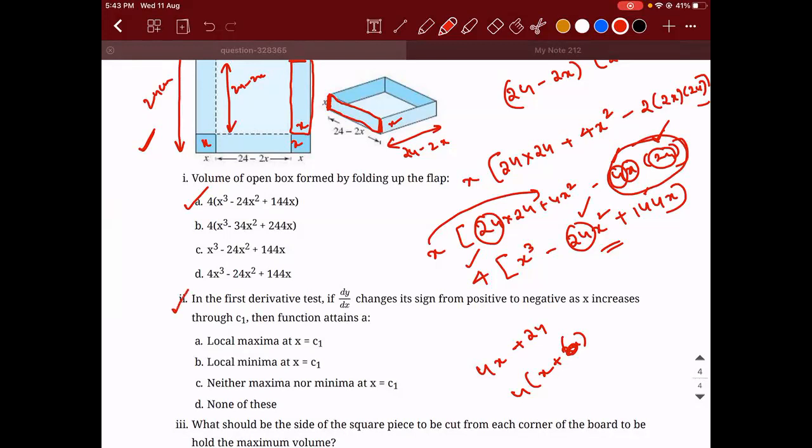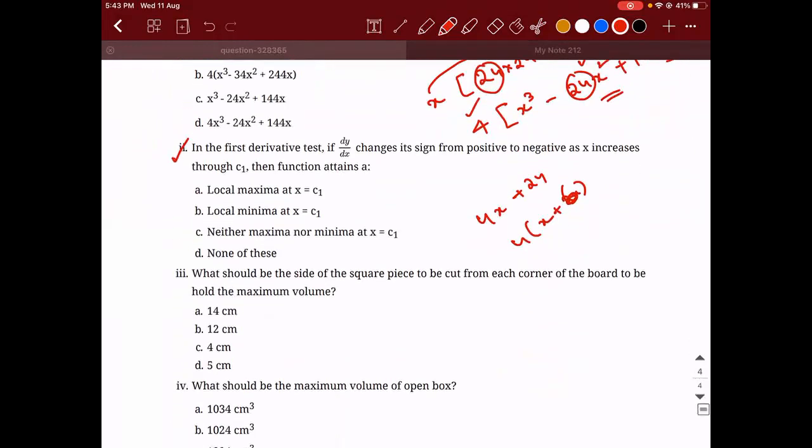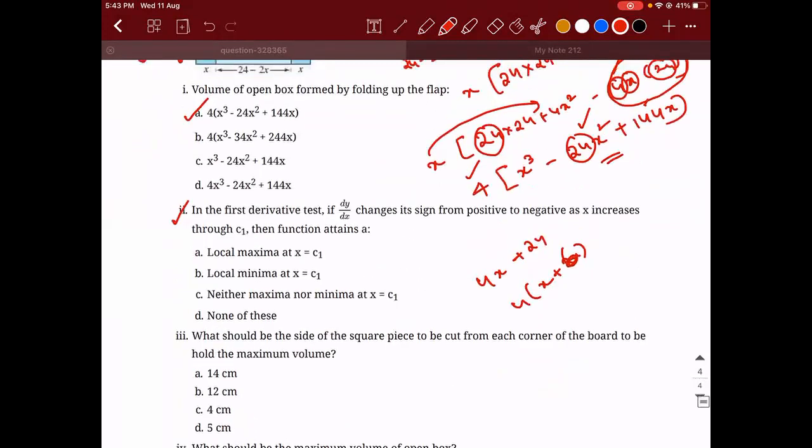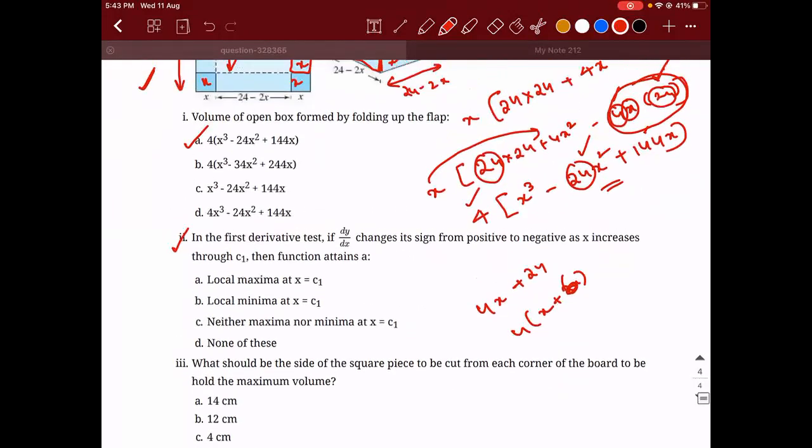In the first derivative test, 24 into 4 is 96. The same 96 is there, but here 24 into 6 is there. That is why we got 144. Okay.